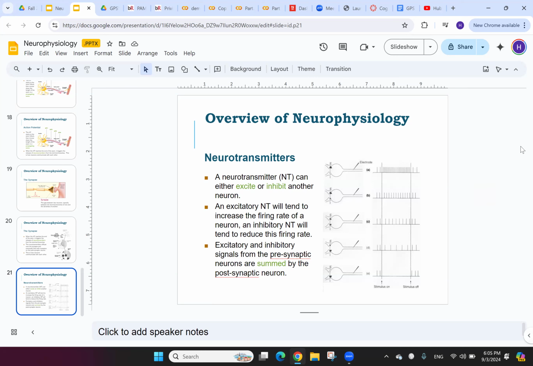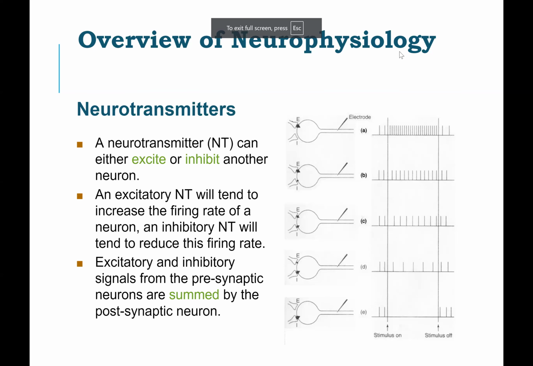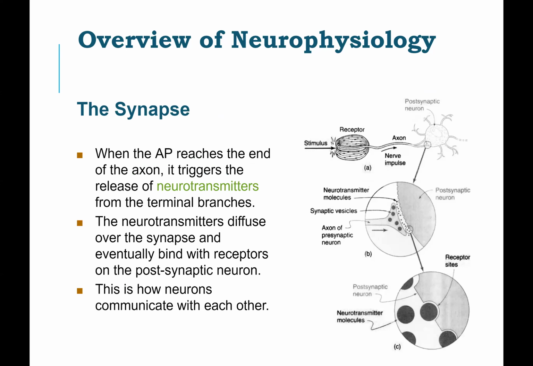All right. So we're gonna get started where we left off last time. We were on this slide, and I was talking about how neurons communicate with one another. Prior to that, we talked about the fact that neurons can be either excitatory or inhibitory, and that's a property of the neuron itself.